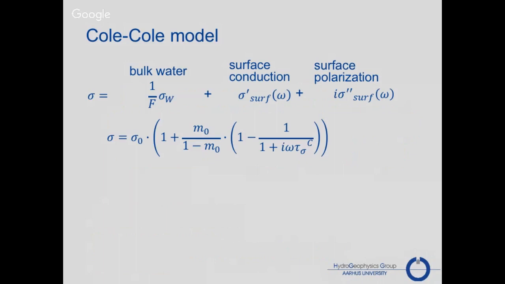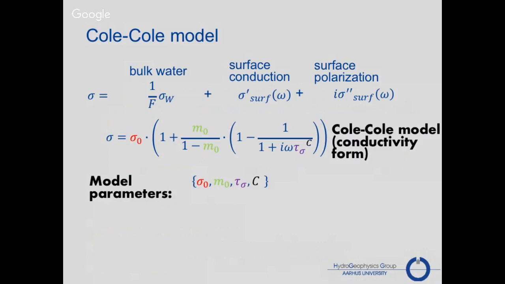The classic way of writing these frequency dependencies is to use the Cole-Cole model. This is the most used model when you invert real data, and the most hated model from lab guys, I think. This is an expression with sigma 0, and would be completely equivalent to the expression with sigma infinite that you were showing, right? It's simply playing with M0 and sigma 0, and then you get the same.